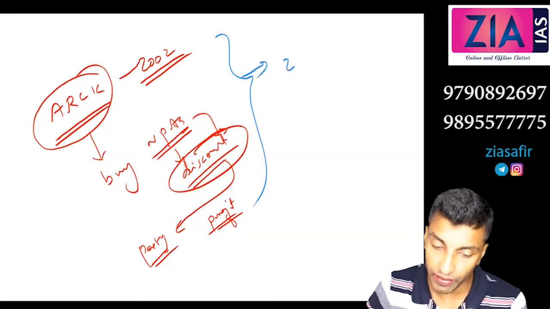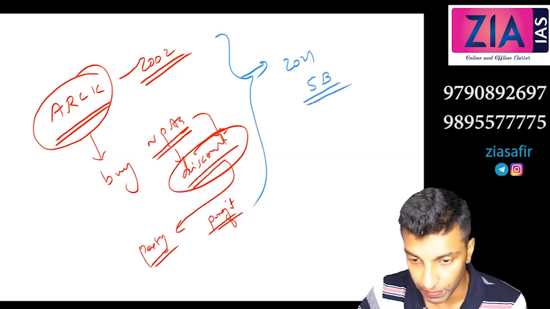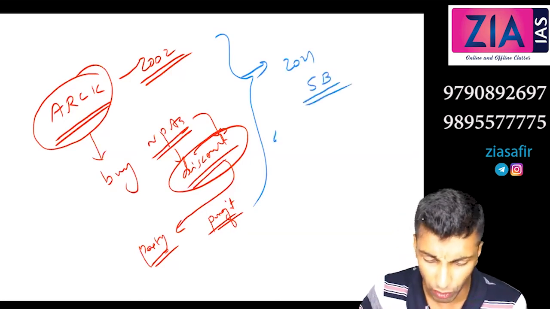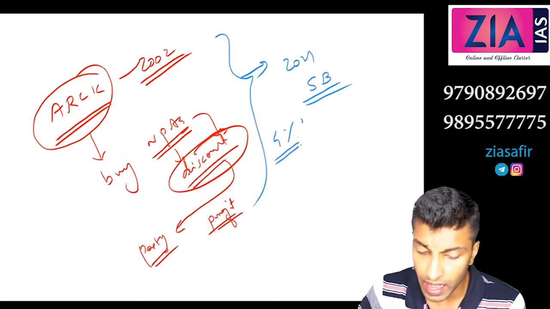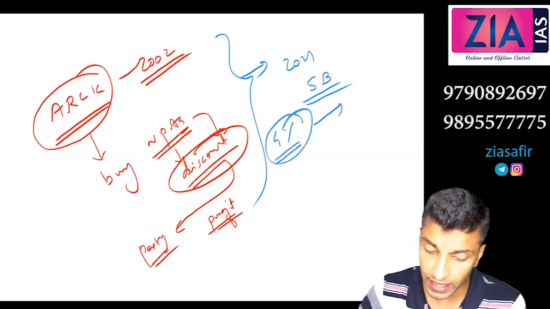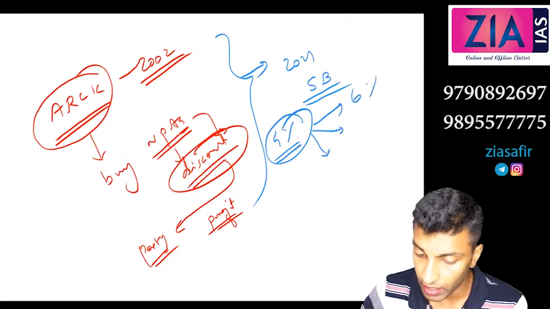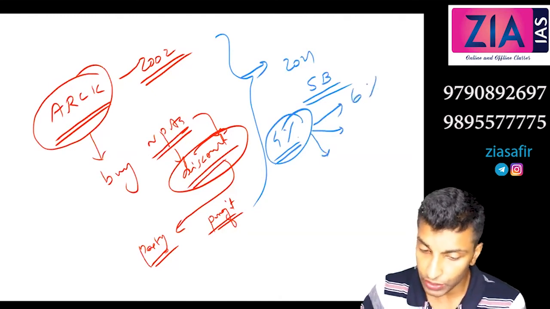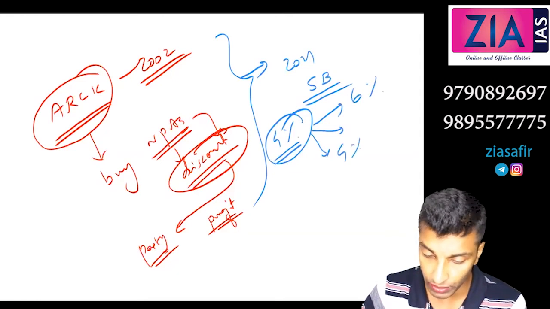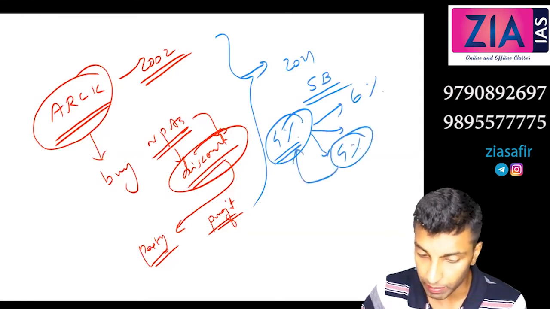For example, from 2011 onwards, the respective bank can fix the savings bank account rate. RBI will fix the minimum, let's say 4% or something, and above that the respective bank can give whatever they want. For example, Yes Bank is giving 6%, Kotak Mahindra also. SBI will give 4%, which is the minimum fixed by the RBI.